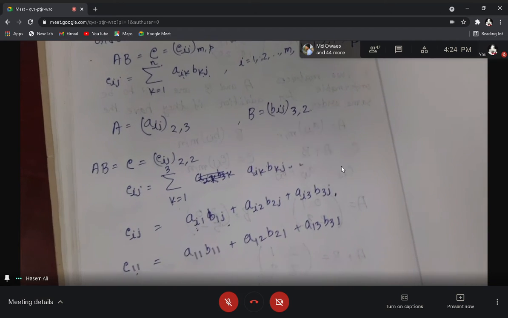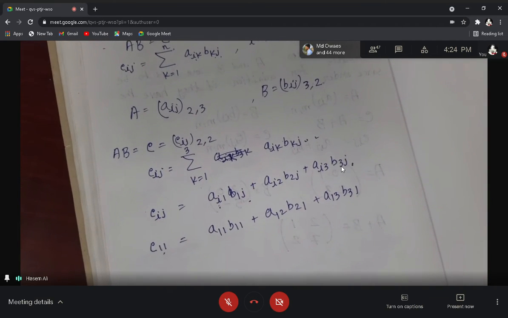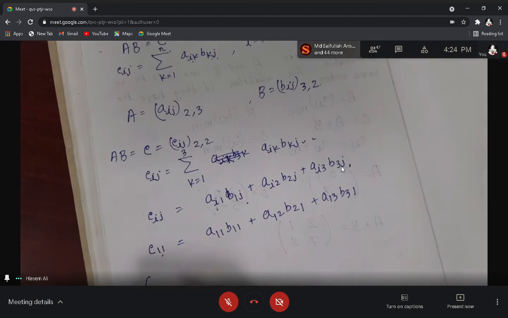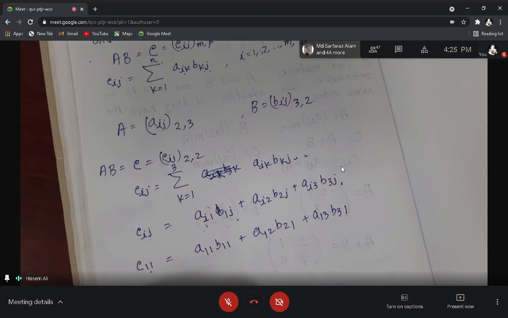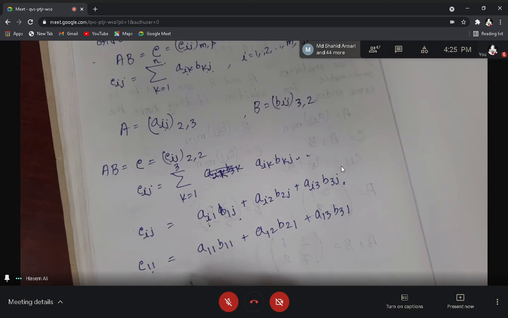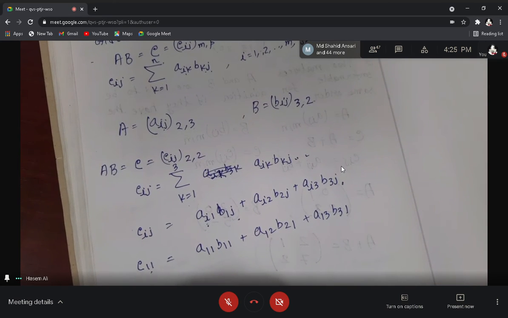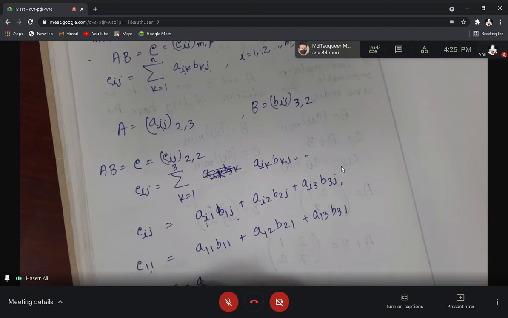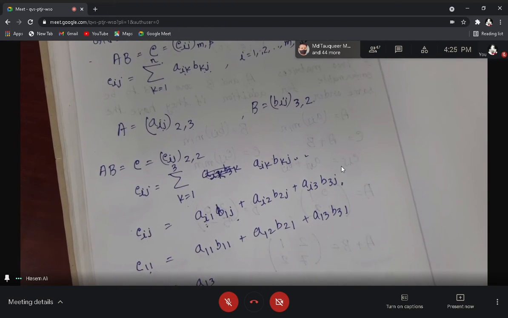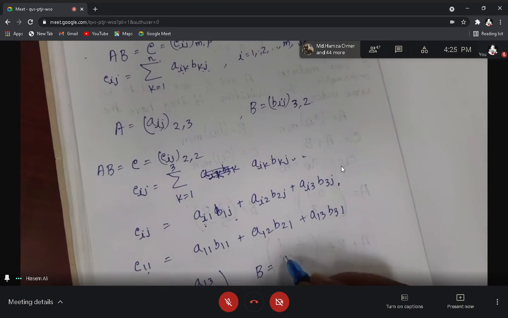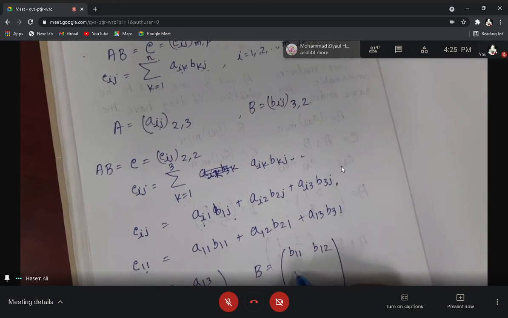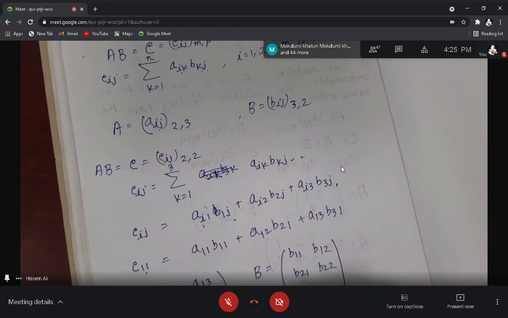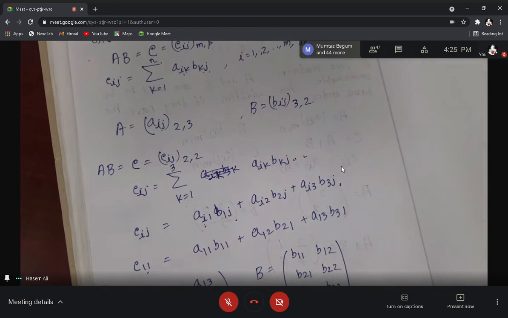Now we can check our usual multiplication. This is our A matrix, Aij of order 2 by 3, so 2 rows and 3 columns: a11, a12, a13, a21, a22, a23. Now B is 3 by 2: b11, b12, b21, b22, b31, b32.